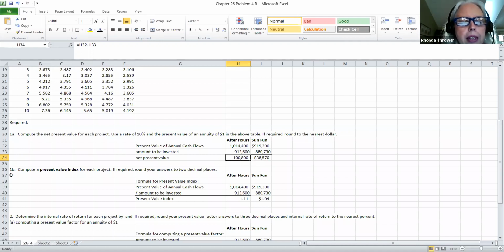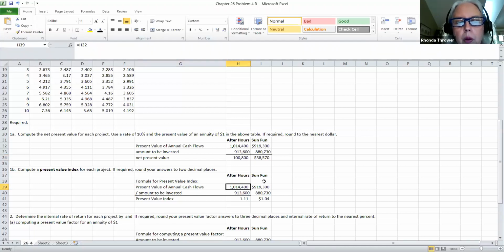In part B, they want us to compute a present value index for each project. And to calculate the present value index, you need to know the formula. And so I've given you the formula here. We're going to take the present value of the annual cash flows, which we've already calculated in part 1.